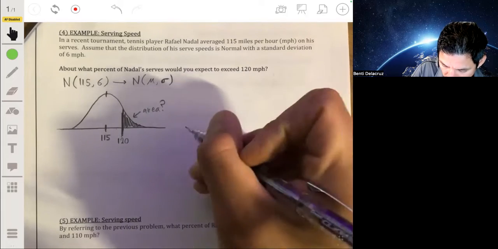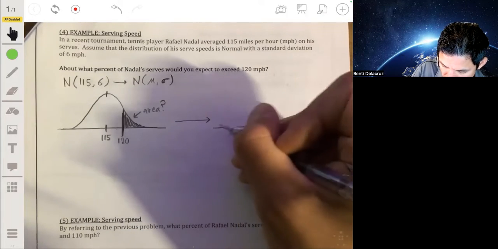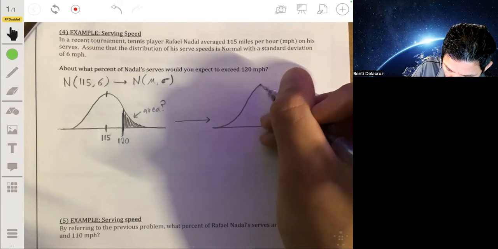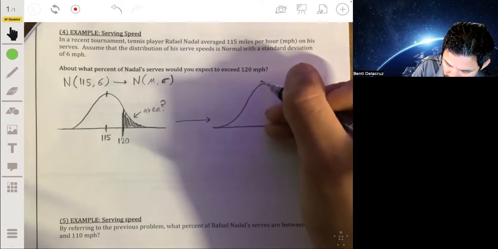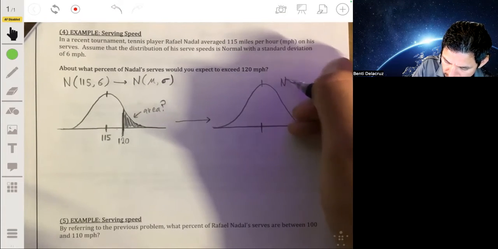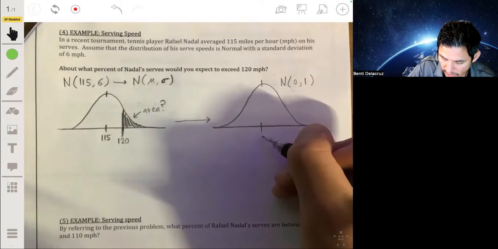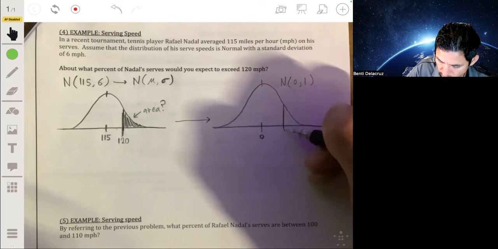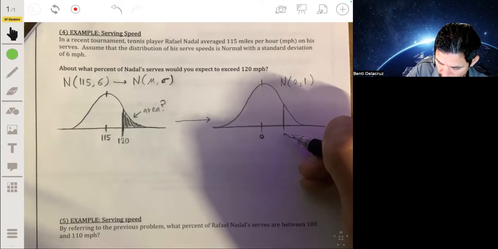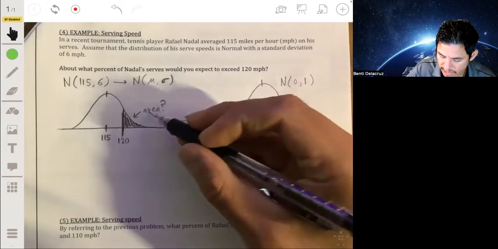What I like to do to give you a clear idea of what we're doing is we're still looking at a normal distribution, but again, remember we're transforming it so that it has a mean of 0 and a standard deviation of 1. So here again, that's the 0, and we want to find the z value here that has that same area as this.